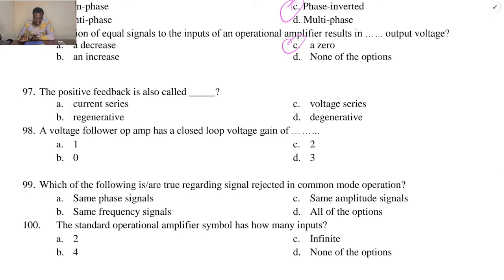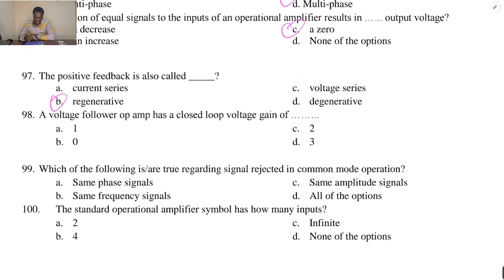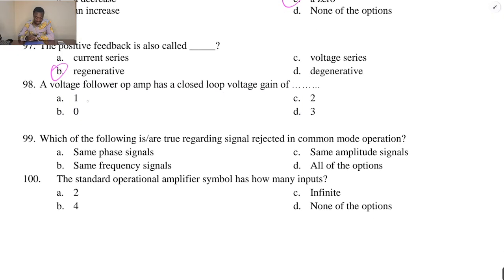The positive feedback is also called regenerative, right? We call it regenerative because here it's going to be added to the gain again, and as a result can increase instability. Regenerative.